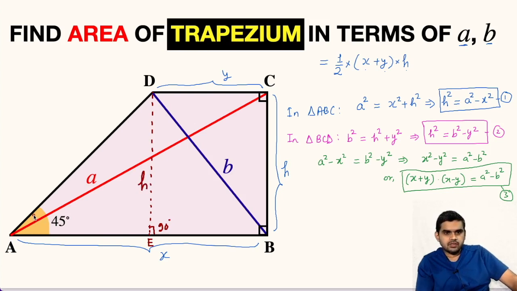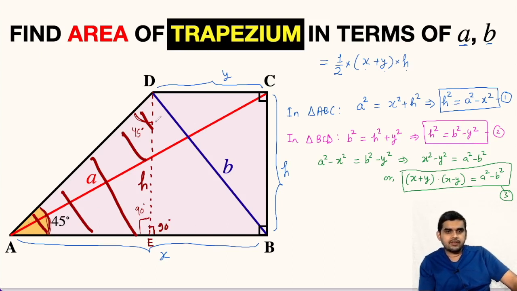So now let's focus on triangle ADE. Here angle A is 45 degrees. This angle is 90 degrees. So the third angle will also be 45 degrees. So triangle ADE will be an isosceles triangle. So this length AE will be equal to DE.